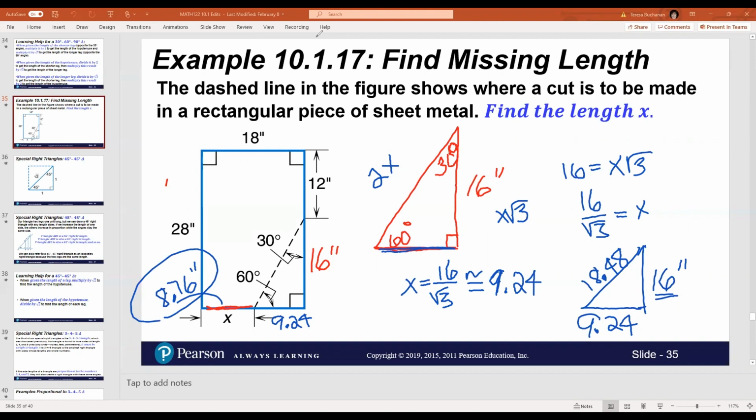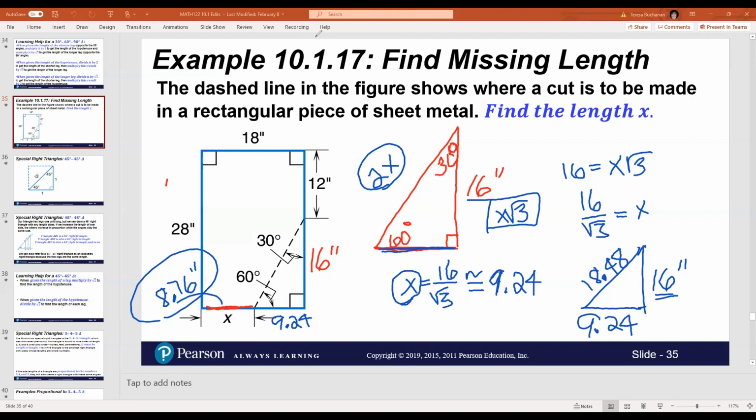All right, so let me know if you have questions. Again, that relationship is always the same. The shortest side across from the 30-degree angle would be X. This is 2X, the hypotenuse. That third side would be X square root of 3.